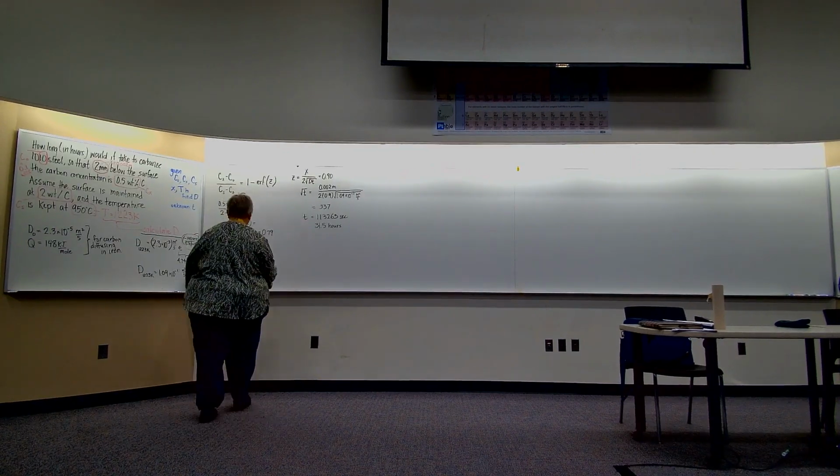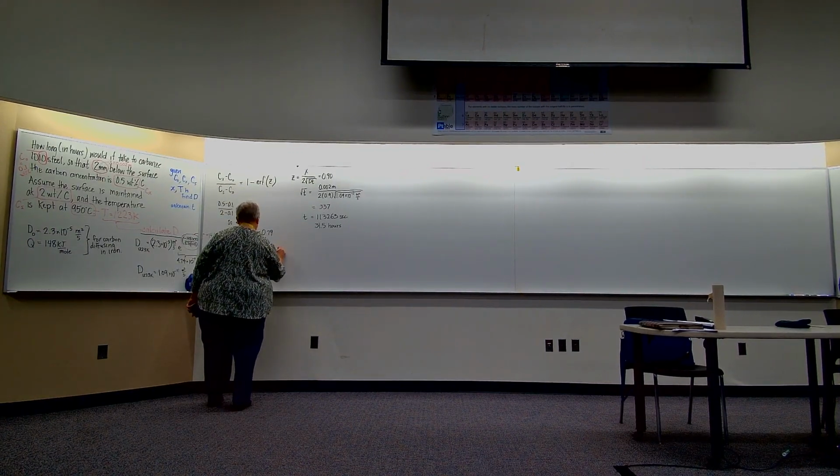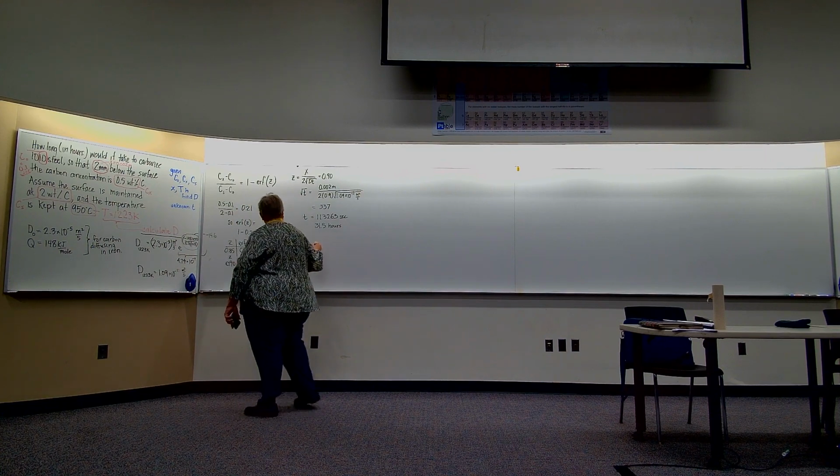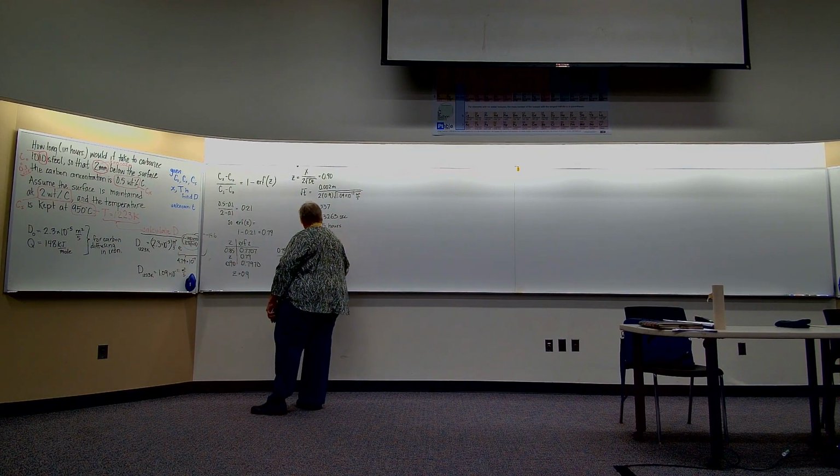So if I were to interpolate, I have 0.79 minus 0.7707 over 0.797 minus the same. That's equal to Z minus 0.85 divided by 0.9 minus 0.85.